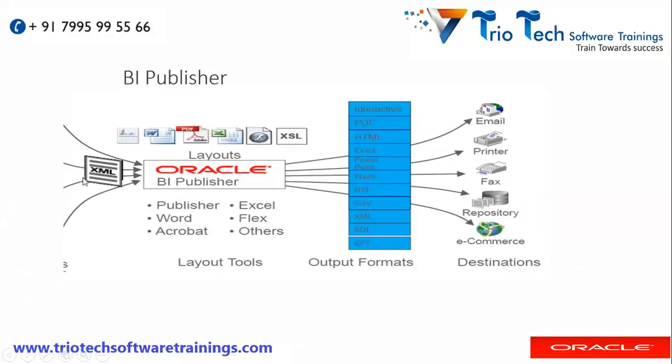XML is the strongest tool for flowing your data in the form of a report, basically flowing your report through different applications and different portals. During that time we use the XML layout to store or pass on the data.